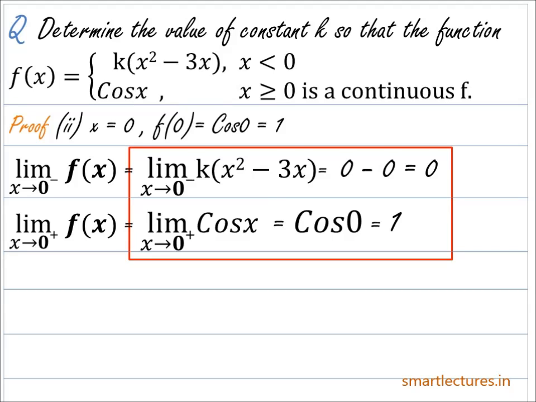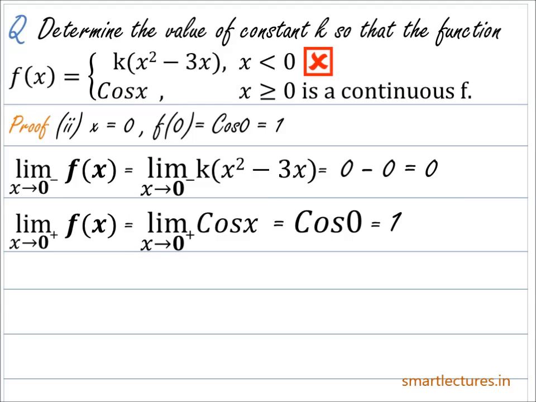And that means the given function f of x is not continuous at x equal to 0, and which means there can be no value of constant k for which the given function f of x defined by k into x square minus 3x when x is less than 0 and f of x equal to cos x when x is greater than or equal to 0 is a continuous function.